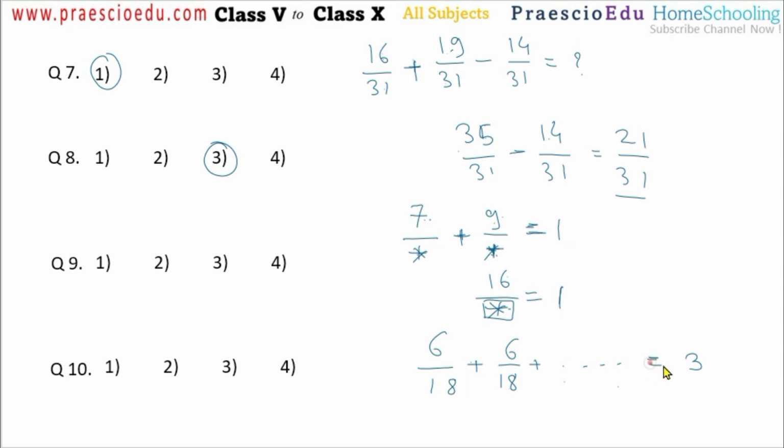We can say there is a box upon 18, and this is equal to 3. After adding all the numerators, because the denominator 18 is the same in all, since this same 6 by 18 is added repeatedly.